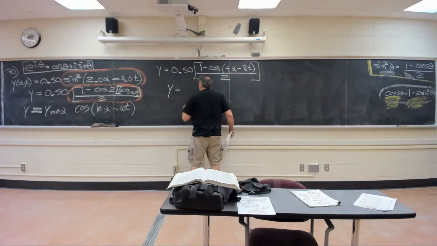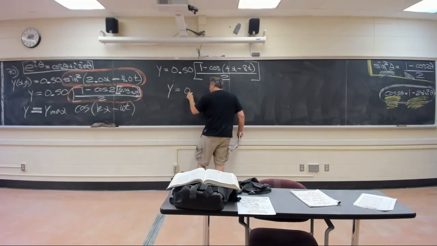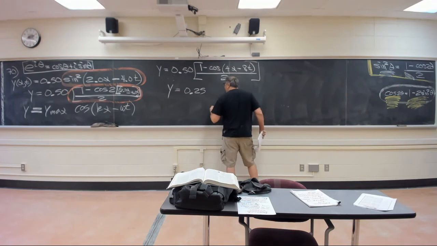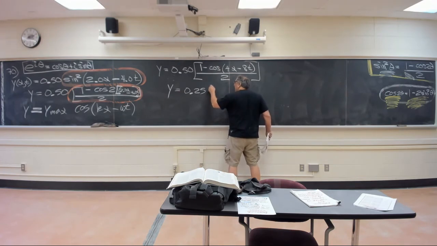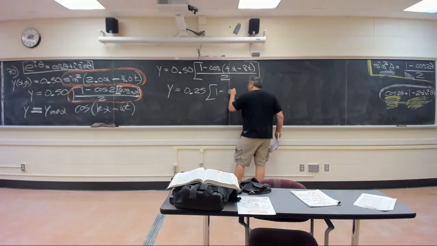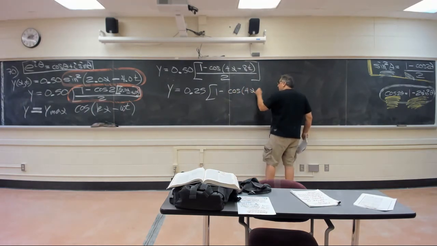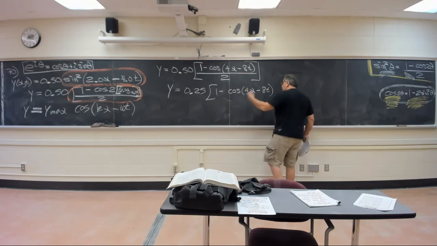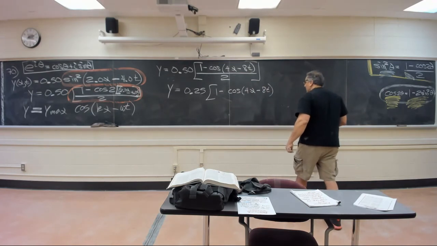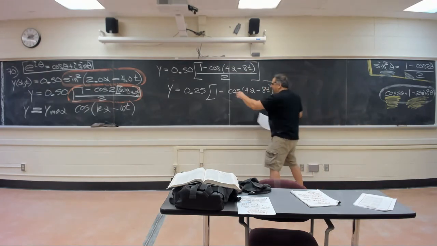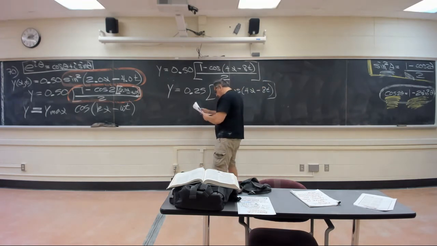Well, a lot's changing here, guys. 2 goes into 0.50. 2 goes into 0.50 0.25 times. This 4x and 8t are a lot different than the 2x and 4t earlier. There's a lot different here. And the amplitude is different. That's crazy.